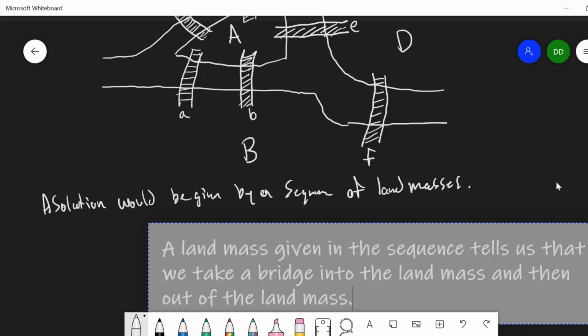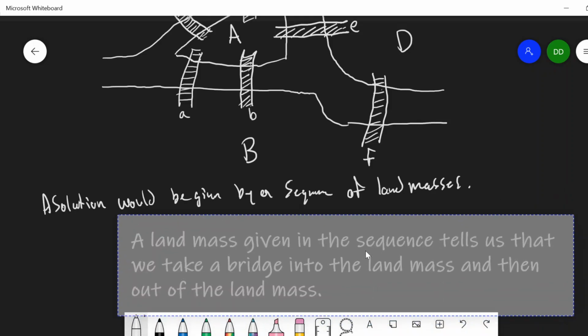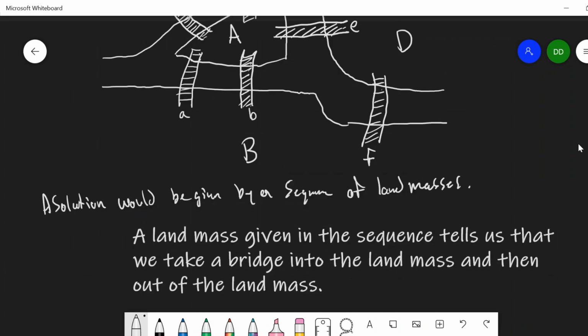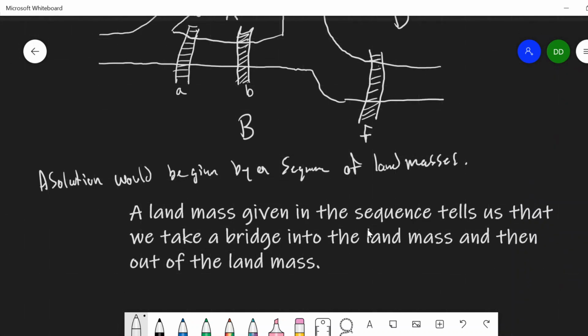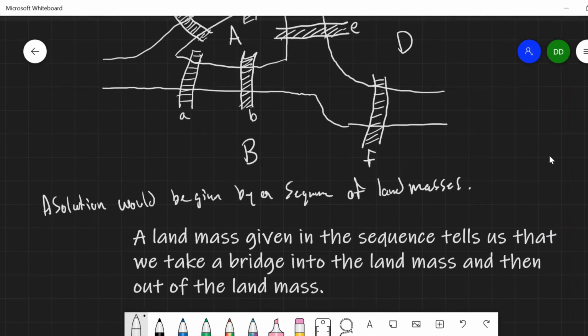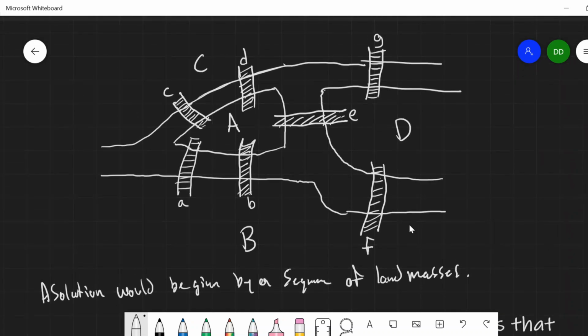This would correspond to taking two bridges, one to go in and one to go out. That would be if this occurs on the inside of the sequence. And since we want to cross each bridge exactly once, such a sequence would involve 8 bridges, right? Think about it as the gap between two land masses as you progress in the sequence.